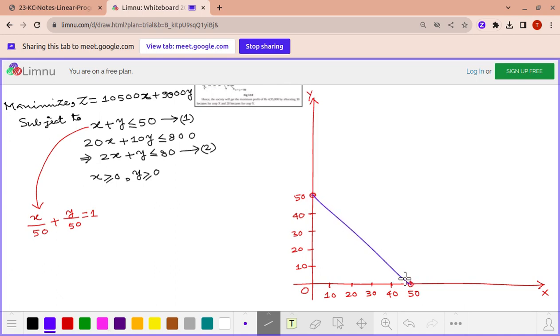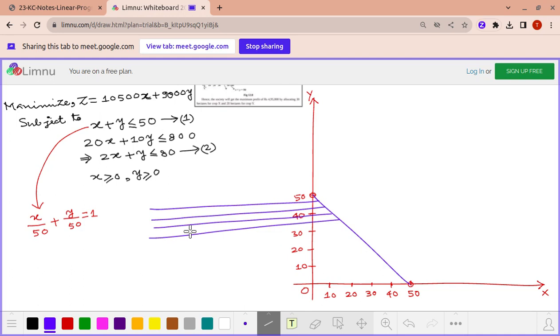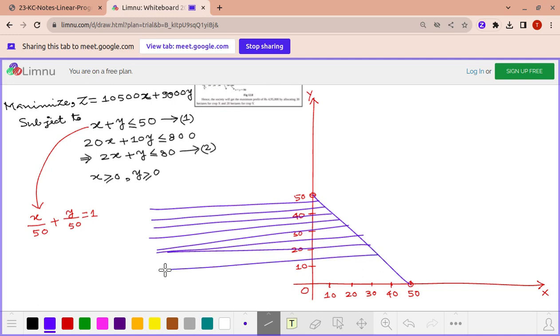So this is the straight line x by 50 plus y by 50 equal to 1. Now in the inequation it is x by 50 plus y by 50 less than or equal to 1. That means x plus y less than or equal to 50. So what do we consider? We consider the left hand side portion, right? So this portion we are going to consider.